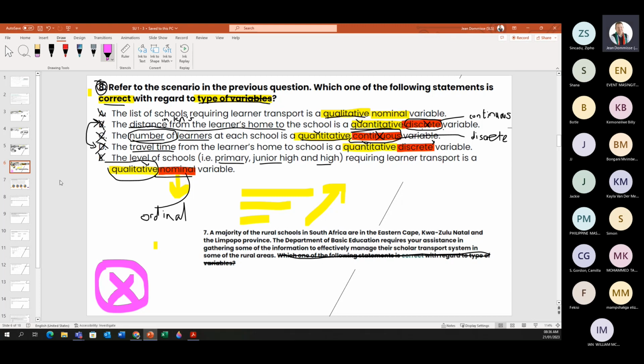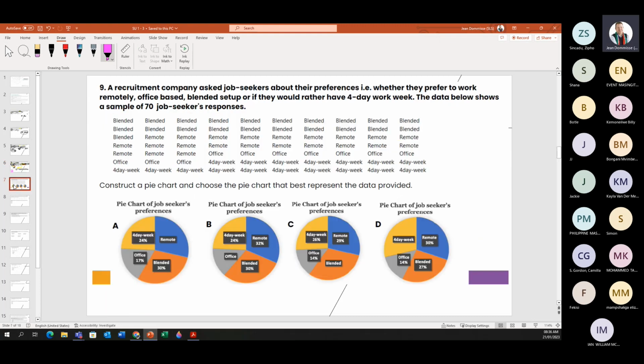Okay, so let's go to the next one. So this you'll also see in your papers, and it's always dependent on how they want to show it. If they give you numbers, if they give you names.